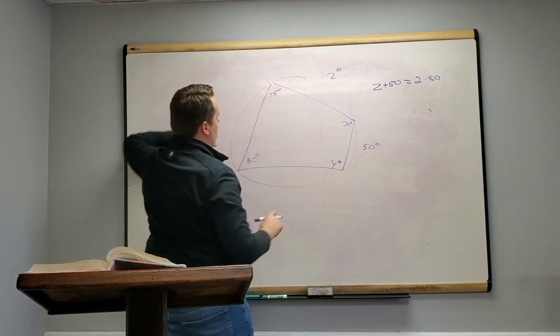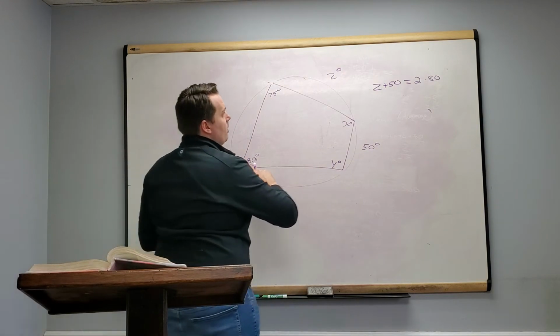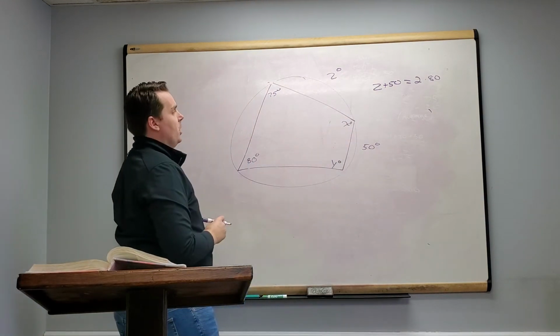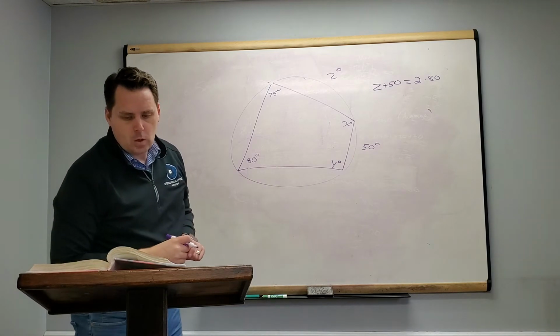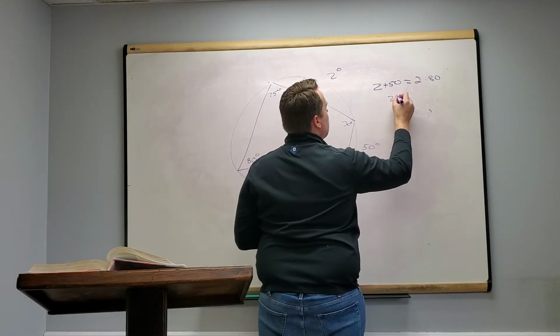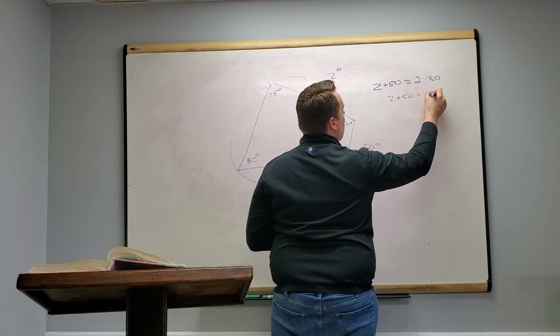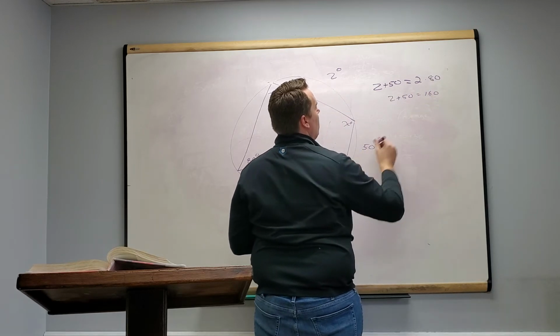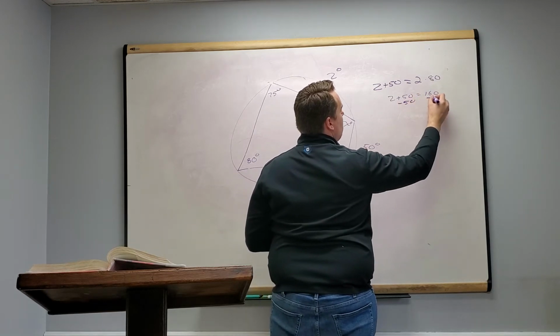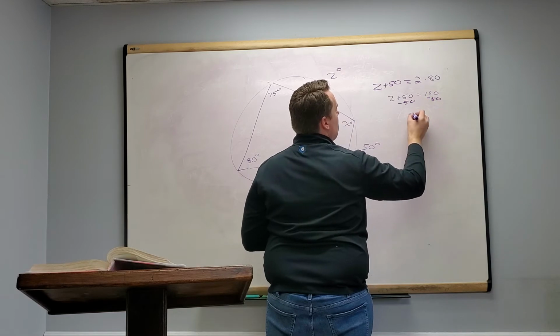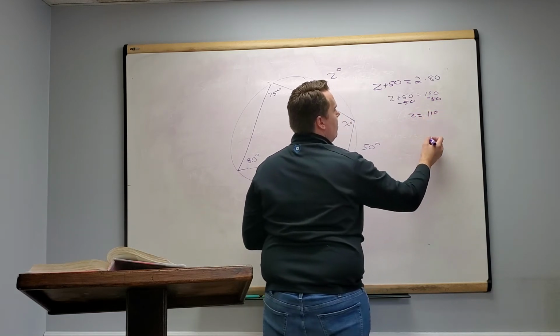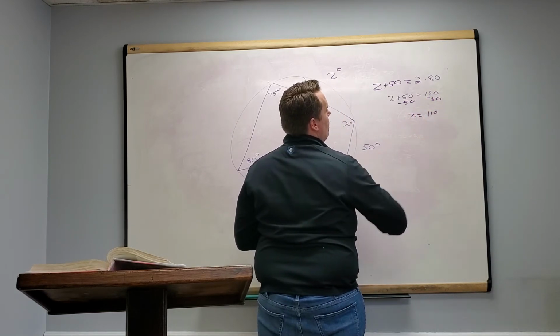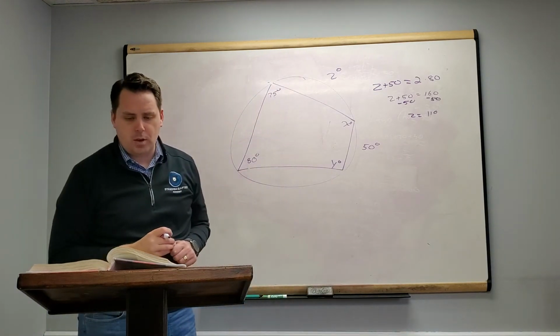So z plus 50 equals 160. I subtract 50 from both sides. Z equals 110 degrees.